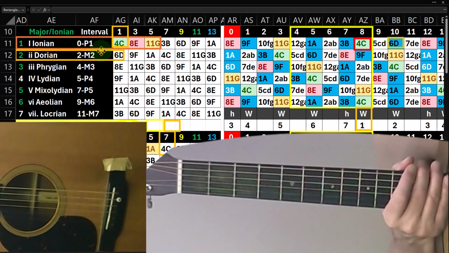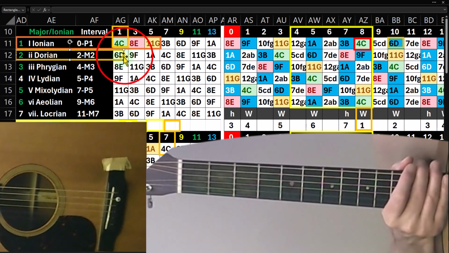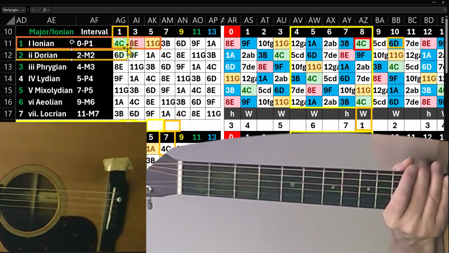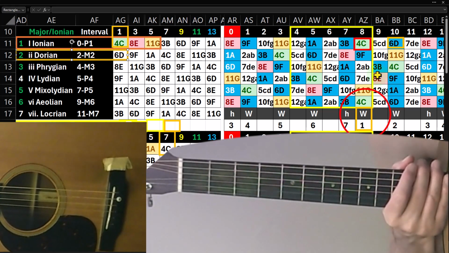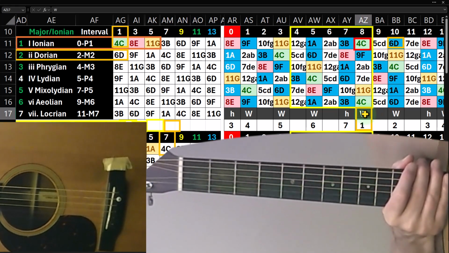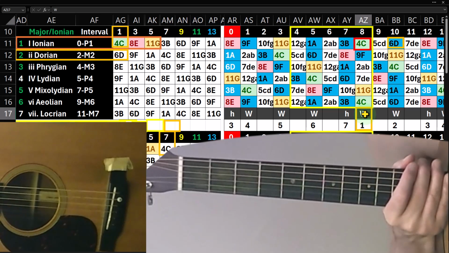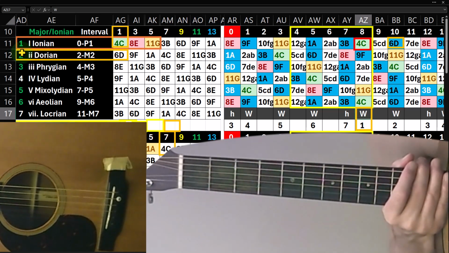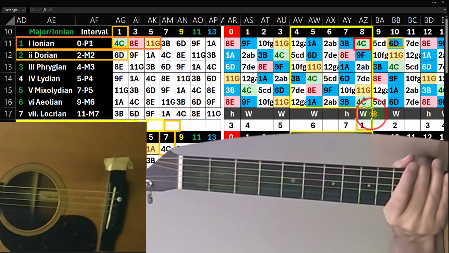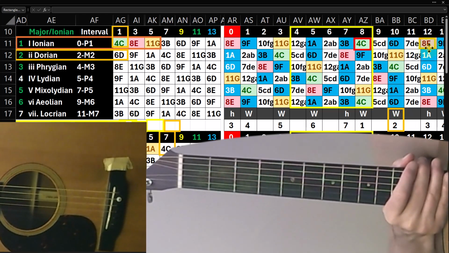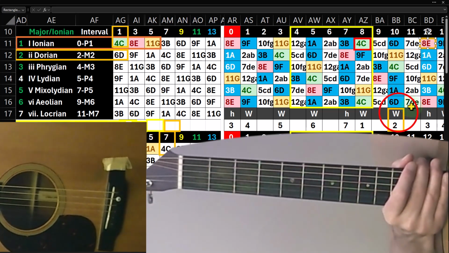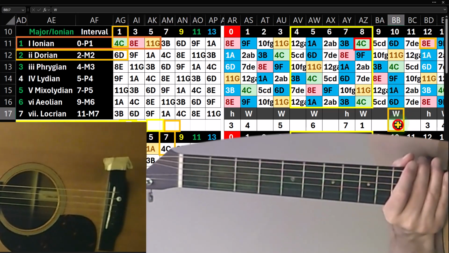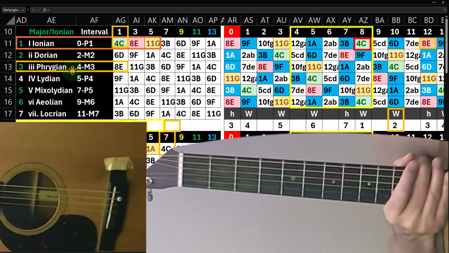From the first to the second is a whole step, and it's going to be a whole step here to the second, and then I'm going from the second to the third. Now, by the way, the second to the third is going to be a whole step by this capital W. Second to the third is a whole step. So that's 2 whole steps.